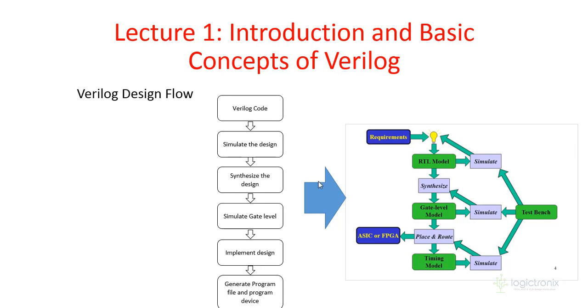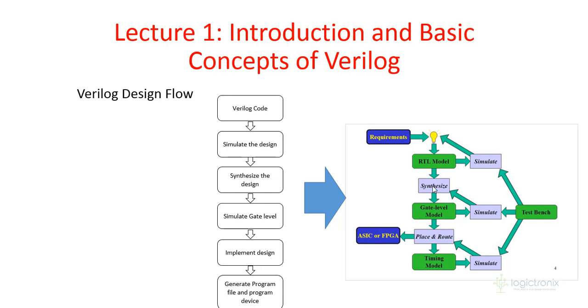So the same design flow can be explained with this figure, which is a little bit more elaborate. First of all, the requirement has to be identified and it can be written as an RTL model or algorithm or VHDL code, and then we can do the simulation. Then if the simulation gives the expected results, we can go for synthesis.